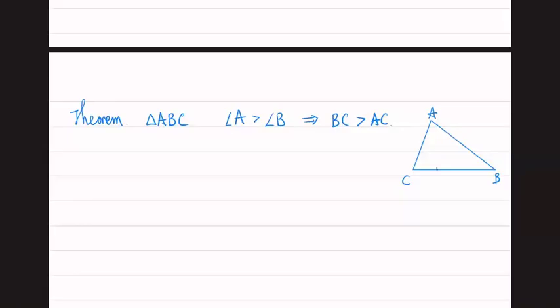If we add it here, because this angle is bigger than this angle, we can find a part of it such that these two angles are the same.